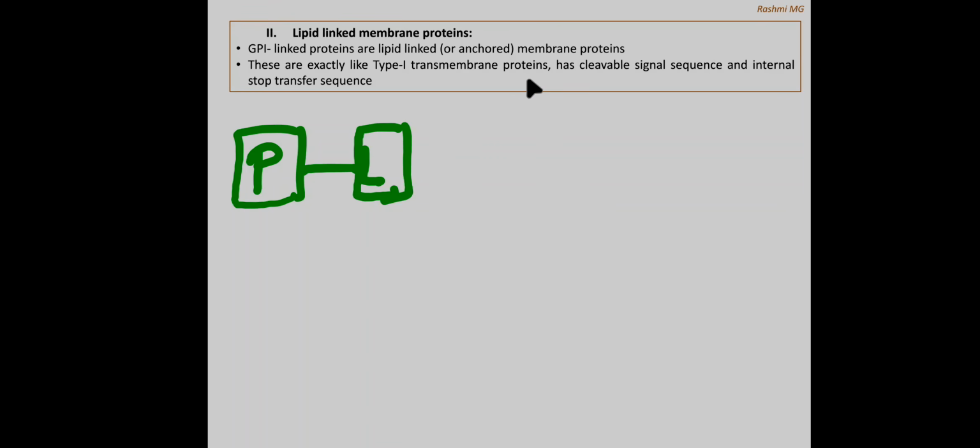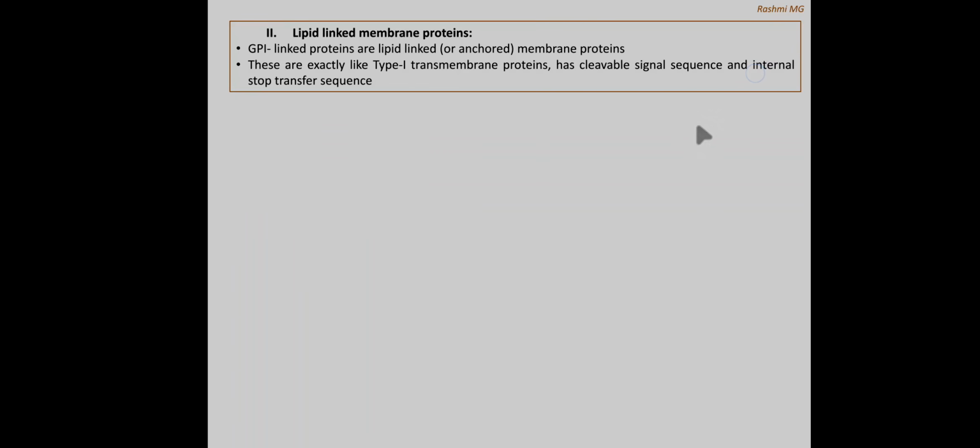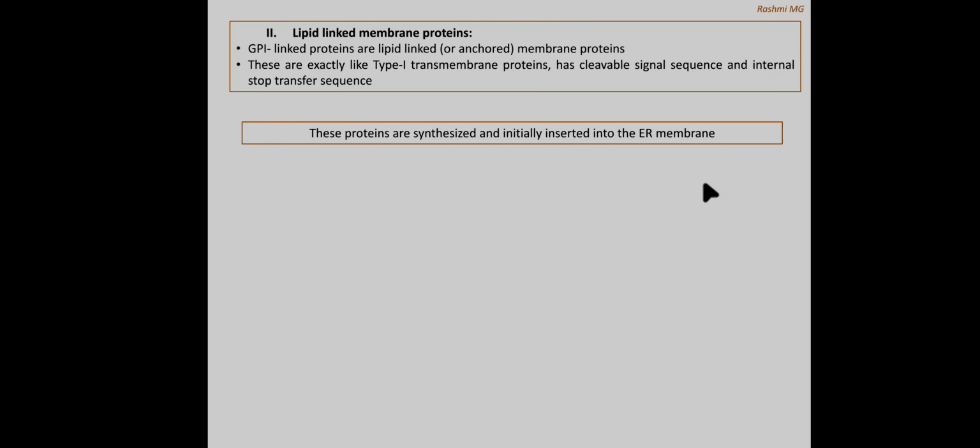These are exactly like type 1 transmembrane protein, with cleavable sites of start transfer and stop transfer sequence. These proteins are synthesized and initially inserted into the ER membrane. After insertion into the ER membrane, these proteins are transferred to the glycosyl phosphatidyl inositol anchor.